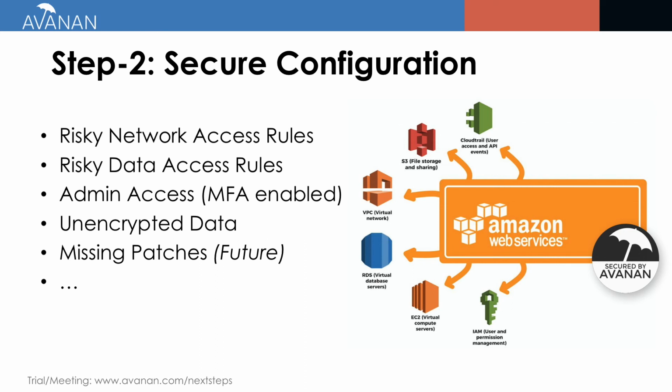If you standardize on MFA or multi-factor, and this is one of the requirements in some of the compliance regulations that I mentioned earlier, so many organizations will enable MFA. If someone is not MFA protected, that will be something that's flagged out. Obviously, if something's unencrypted and encryption is a requirement, missing patches from your payloads, from your virtual compute servers, all of these will be flagged out.